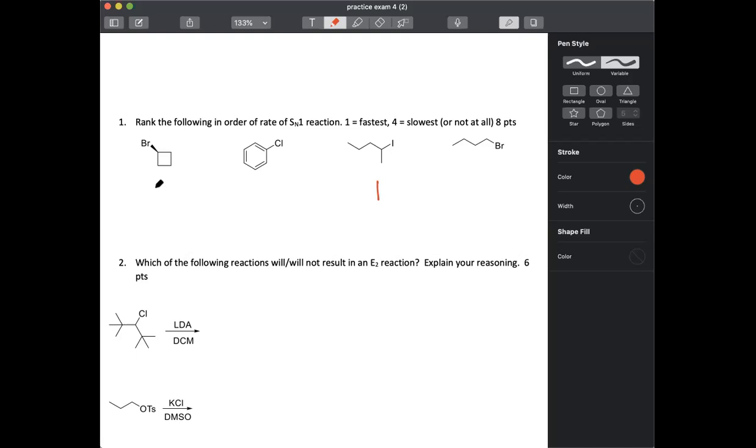So based off of that, this is second fastest. And between these two, what's gonna be the faster one? Yeah, Br, right? We don't do reactions at sp2 carbon, so automatically this can be the slowest one that we have. All right, questions about this?